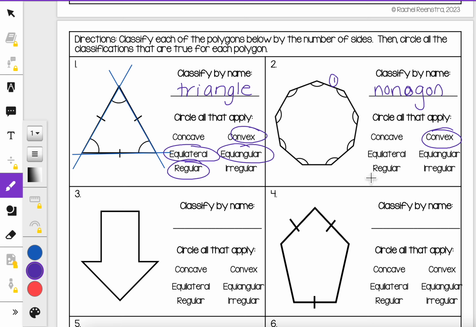Now I don't know that this is equilateral in my diagram, but I do see that it's equiangular. That is marked off for me. So this is going to be an irregular shape, just because we don't see that all of the sides are marked.